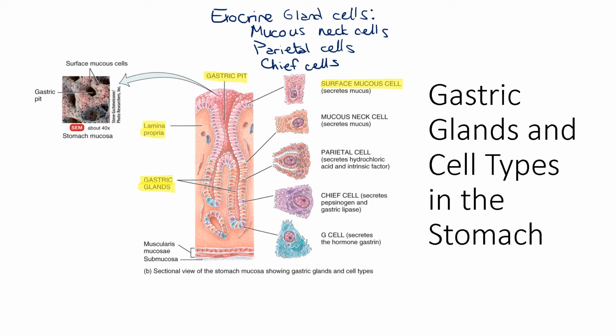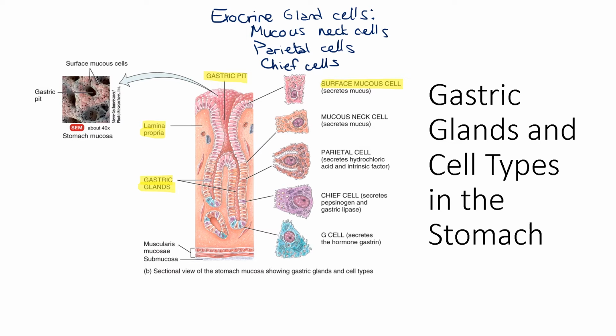So those are the exocrine gland cells within the gastric glands. They secrete their products into the glands, and those secretions go up the gastric pit, out into the lumen of the stomach.